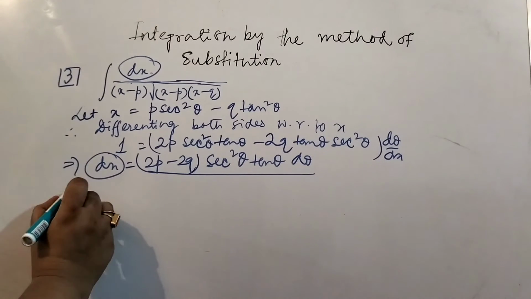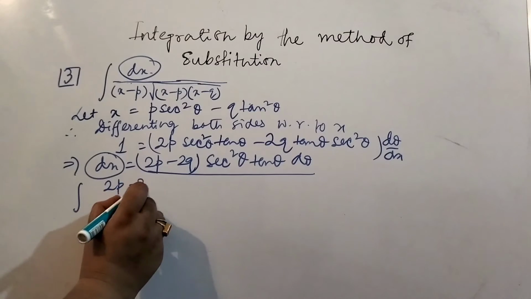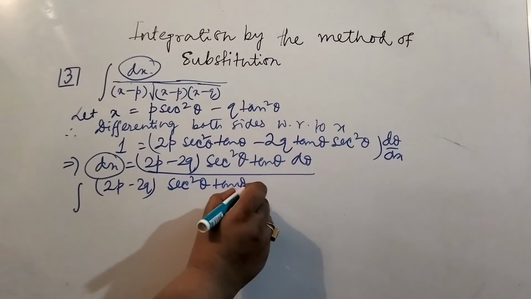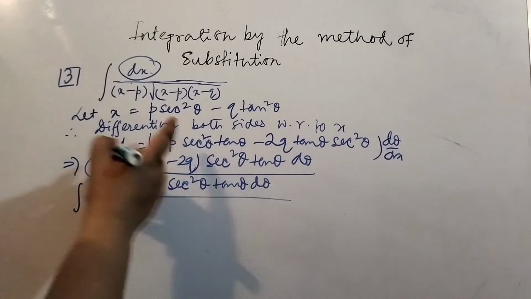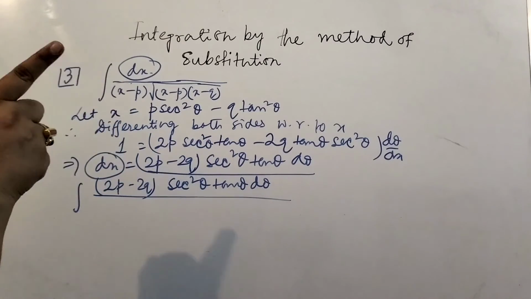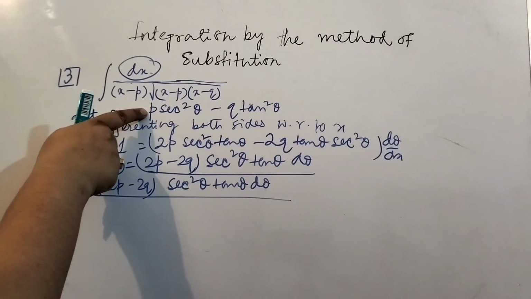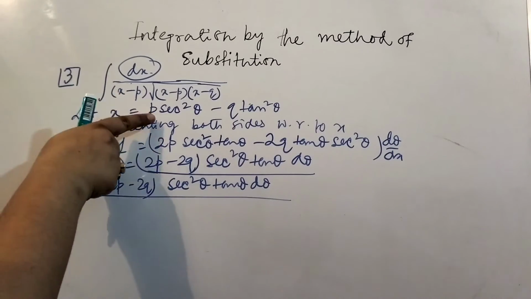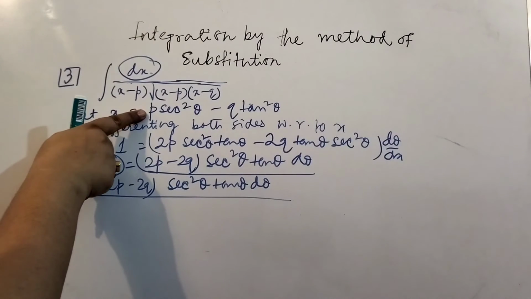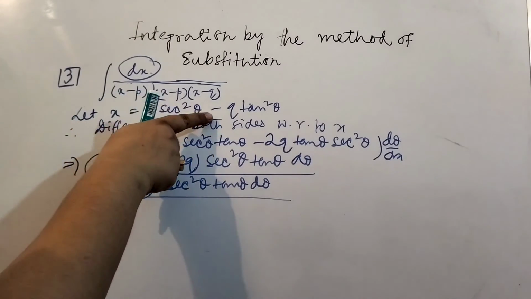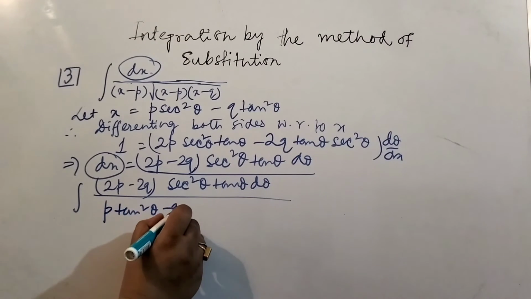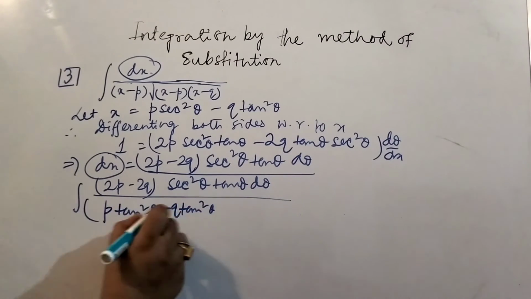So let's do this. Integration 2p minus 2q sec square theta tan theta d theta by x minus p, means this particular expression minus p. So just think, students, when p will be taken in common, when we are substituting x in terms of this particular expression, then we are going to get p into sec square theta minus 1, which will give us p into tan square theta minus q tan square theta is there, right?